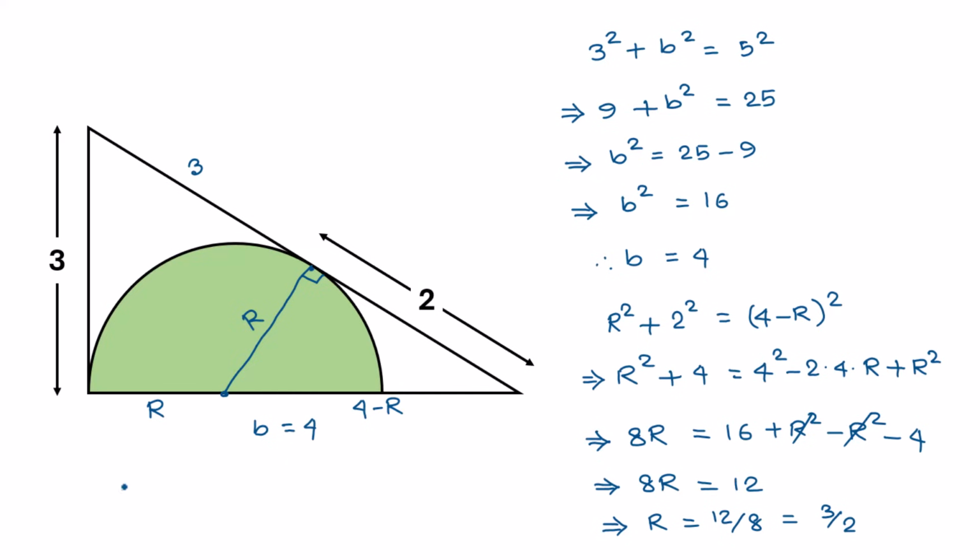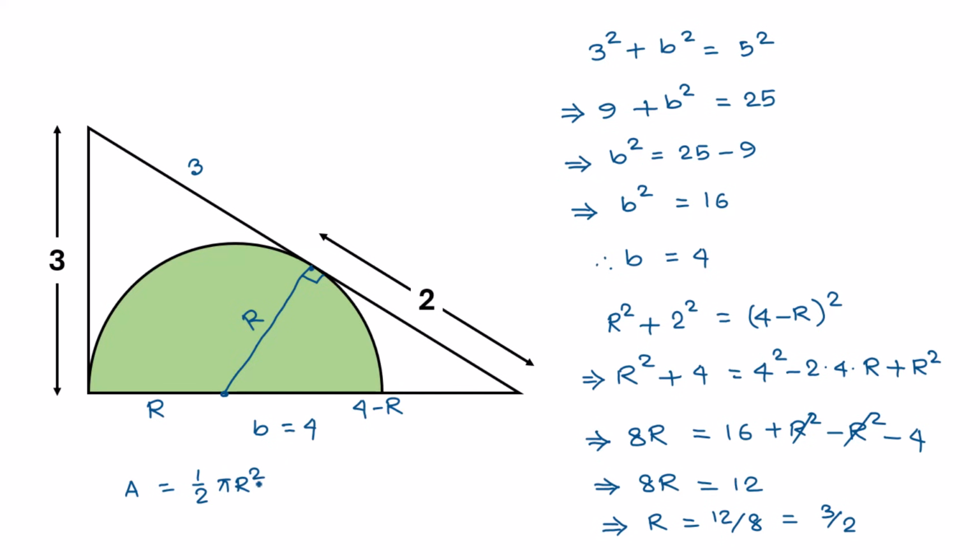So the area of this semicircle is A, half times pi r squared.